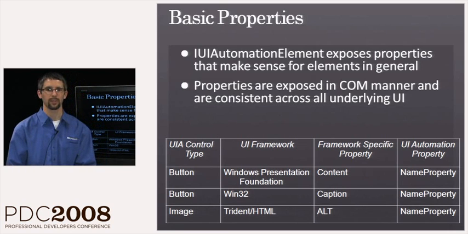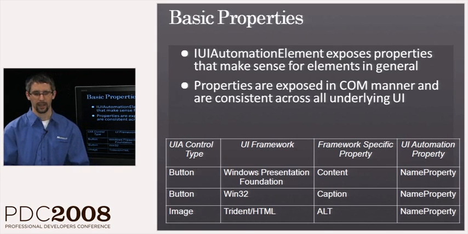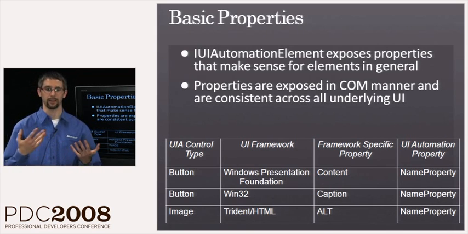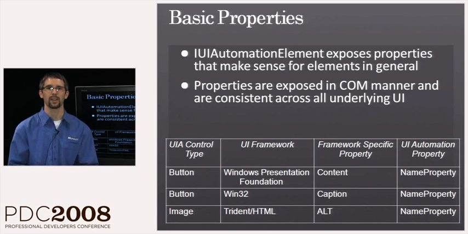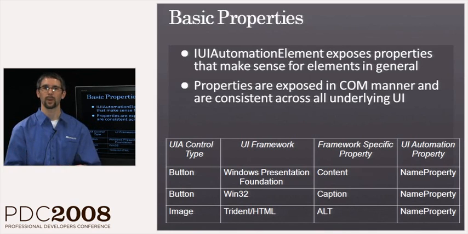So just to make this crystal clear, if you look at the table on the slide, I gave 3 examples. If you had a button that you declared in a WPF application, you would set the Content field on that button to set the name that's displayed on the screen. If you had a Win32 button, you would construct it and then call SetWindowText to set its text. Or maybe you would do that in a dialog template.